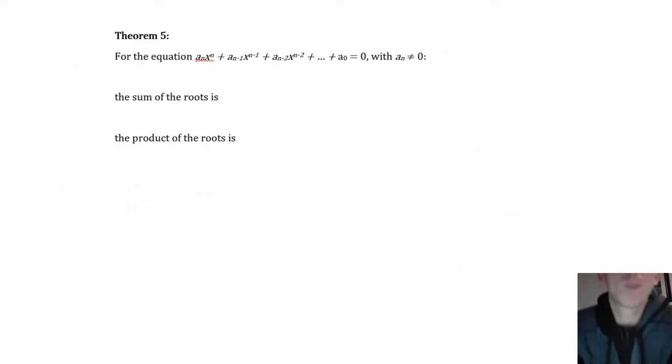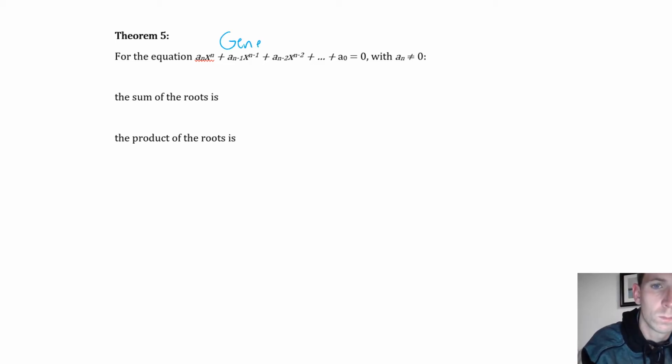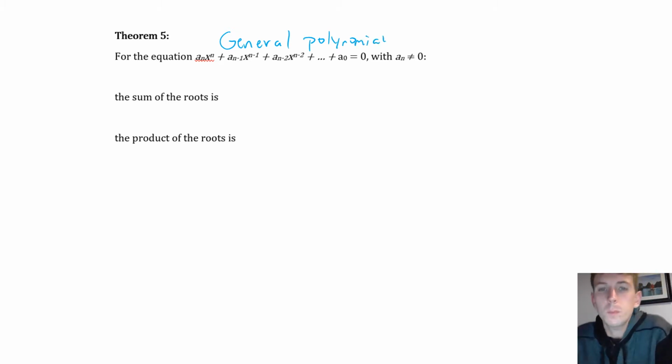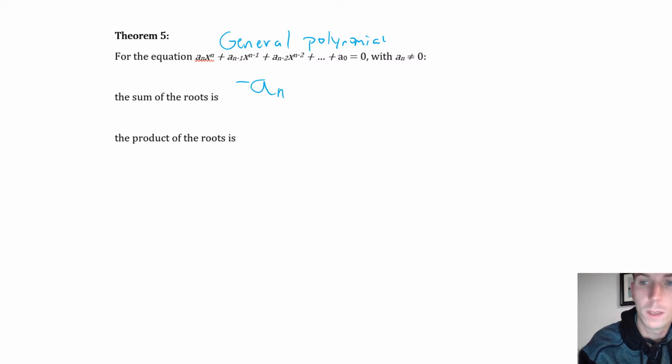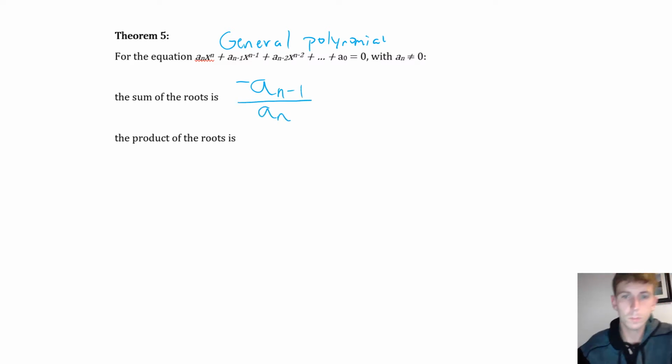And the last theorem. This is stating, for this equation, which is just the general polynomial, it's giving us a way to find the sum of the roots and the product of the roots for any polynomial. The sum of the roots is going to equal negative a sub n minus 1 over a sub n.